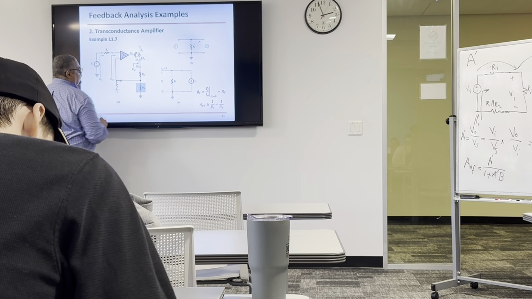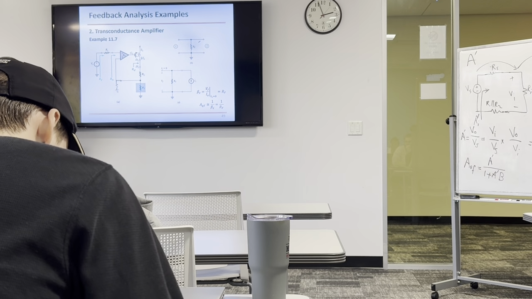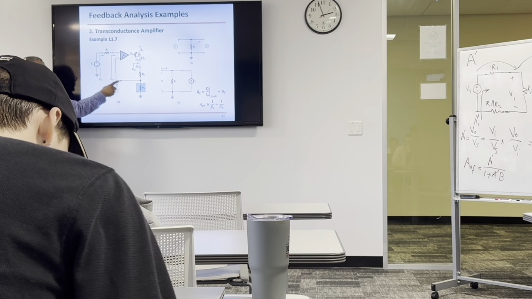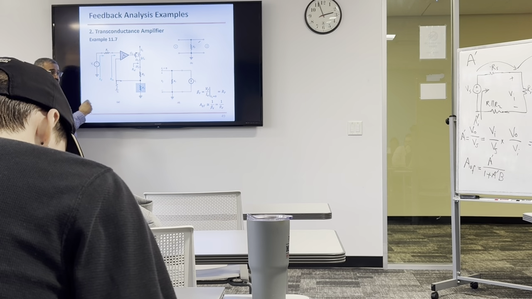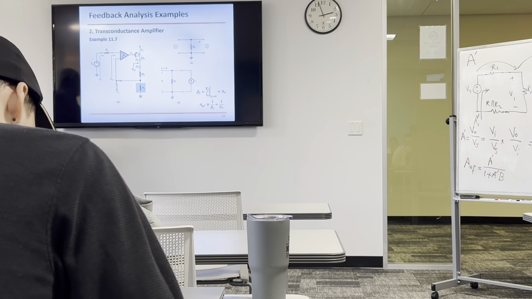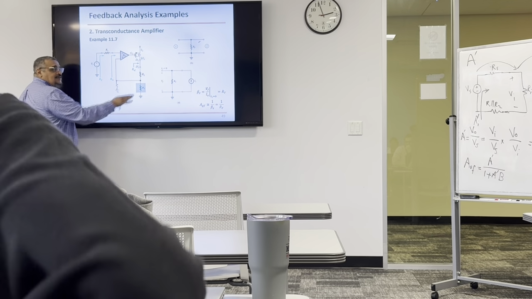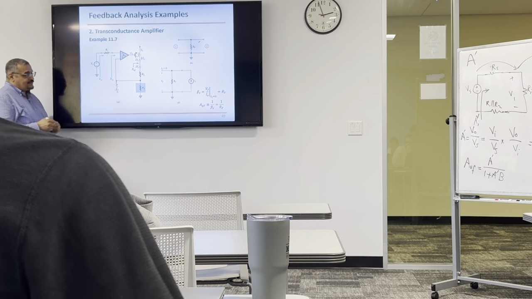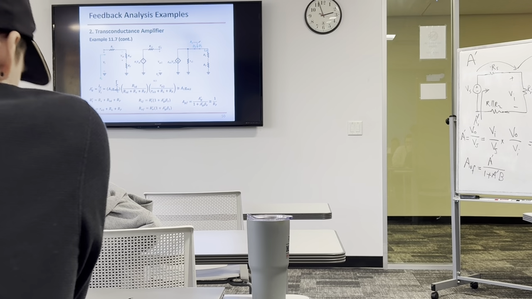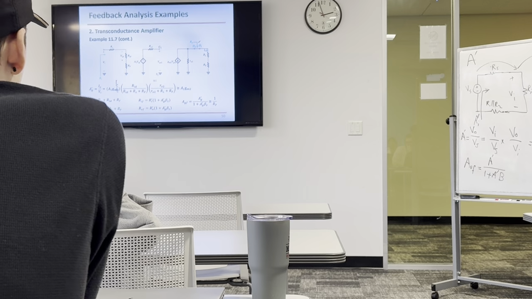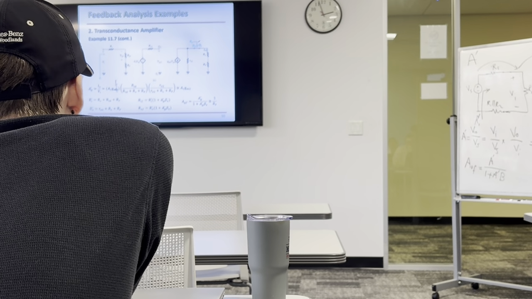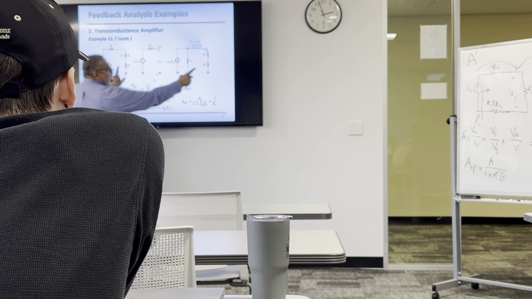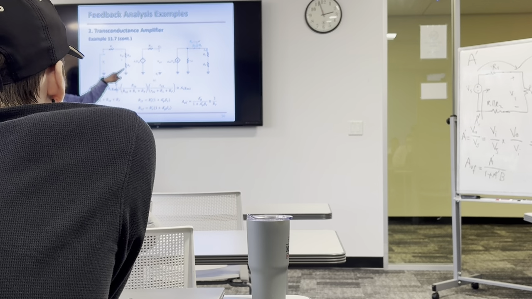Now if you give this one here, what do you do with this terminal? This was connected to measure current. How do we measure the current? Series. So leave it open. So you're going to have something like this: RF and RF.